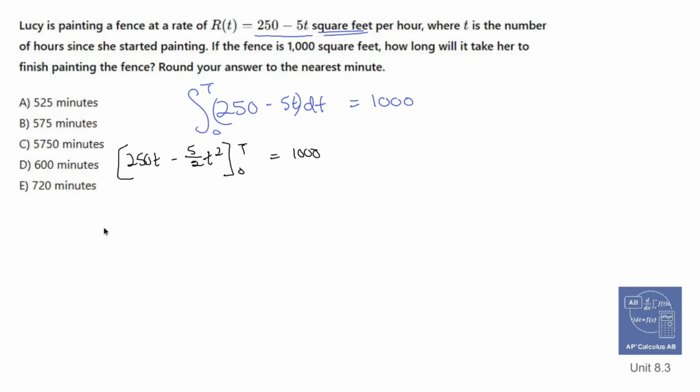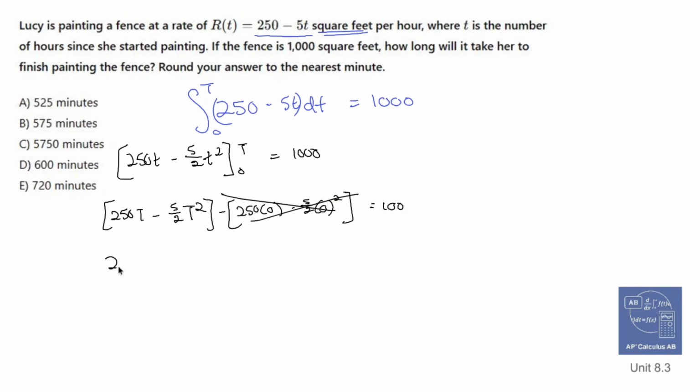Doing this, I get 250 capital T minus 5 halves capital T squared, minus 250 times 0, minus 5 halves times 0 squared, equals 1,000. So we end up with 250t minus 5 halves t squared equals 1,000.